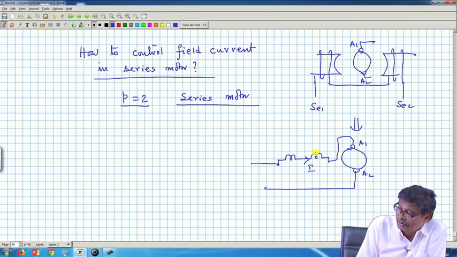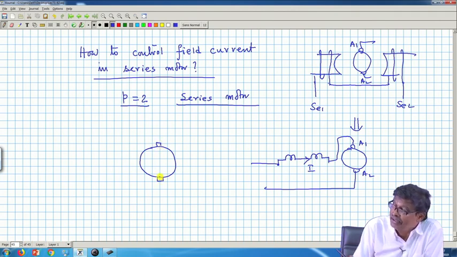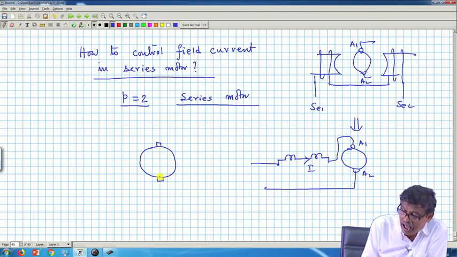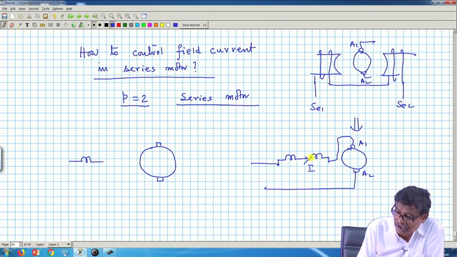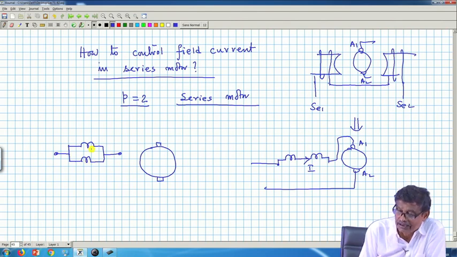But another innovation can be done. It is like this. This is the armature, fine. These two coils, I will connect them in parallel, this coil and this coil, and I will treat this as my field coil terminals and connect it in series with the armature.